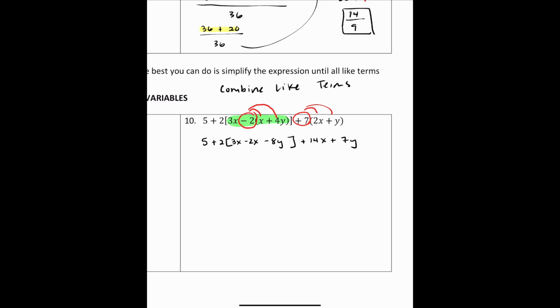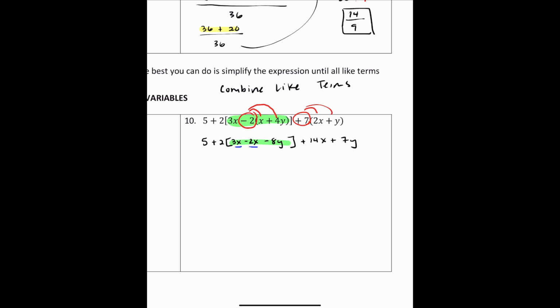And then I'm going to go back to the parentheses here, and I notice that I can combine the 3x and the -2x. So let's go ahead and put some underlines for both of them. So 3x minus 2x, that's going to be x.